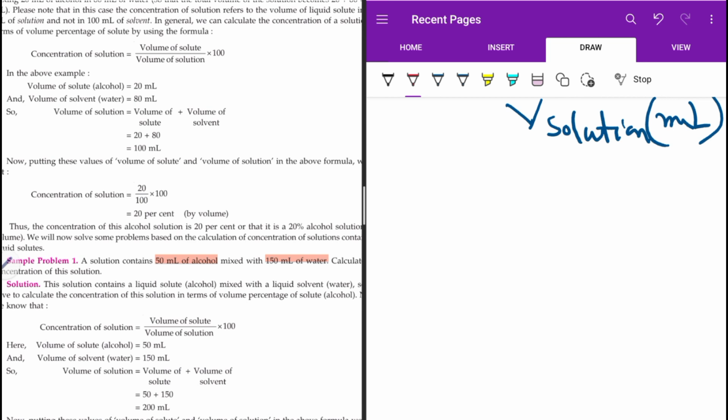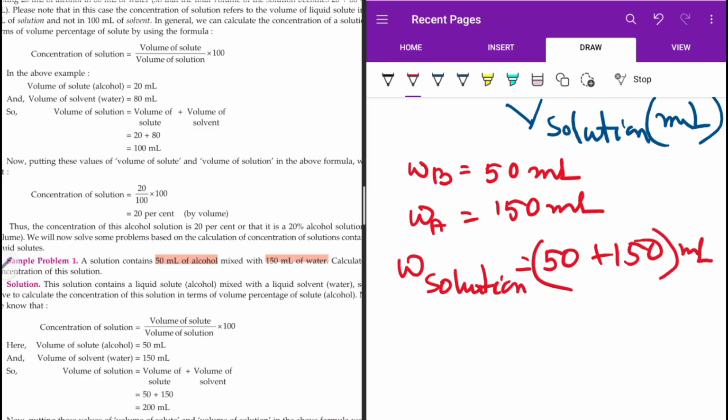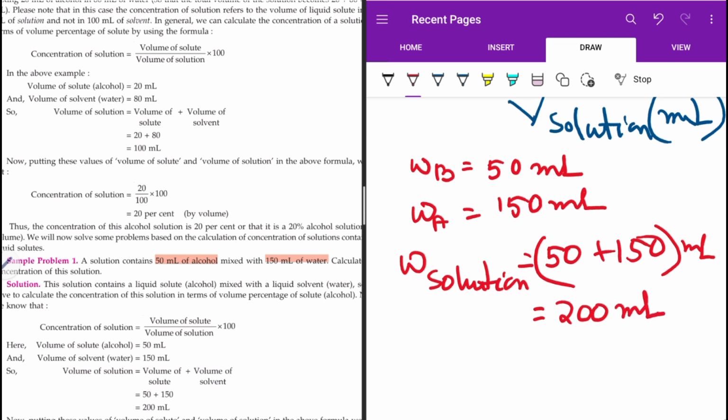So I can say mass of alcohol, that means WB, is equal to 50 ml and mass of water is equal to 150 ml. So we can say mass of the solution is equal to mass of solute plus mass of solvent. So 50 plus 150 ml comes out to be 200 ml as the mass of the solution.